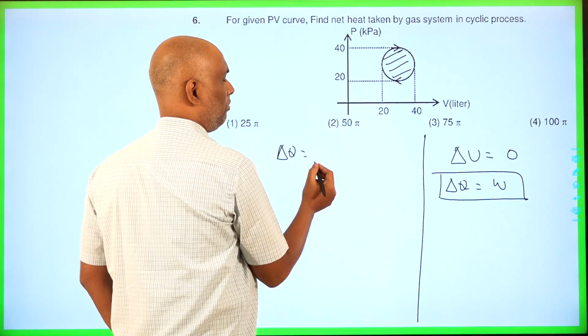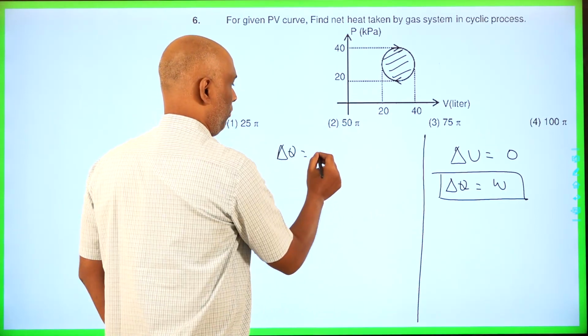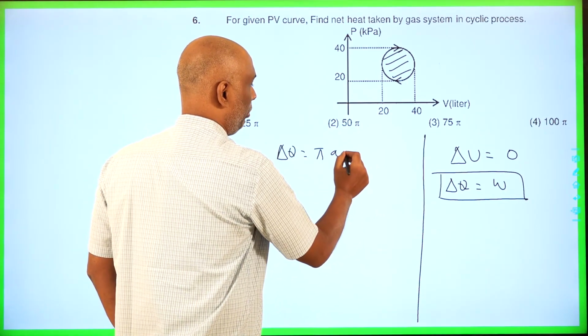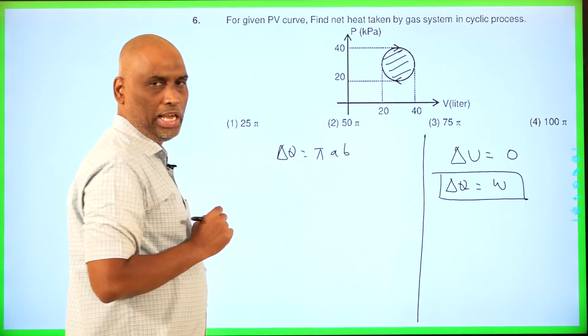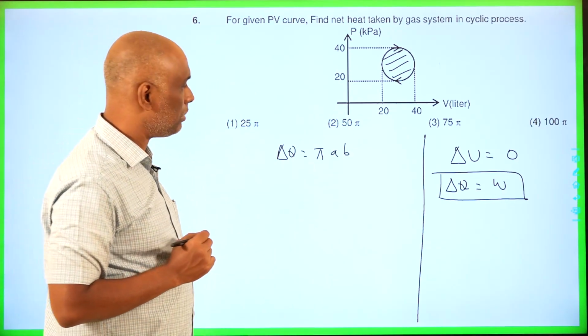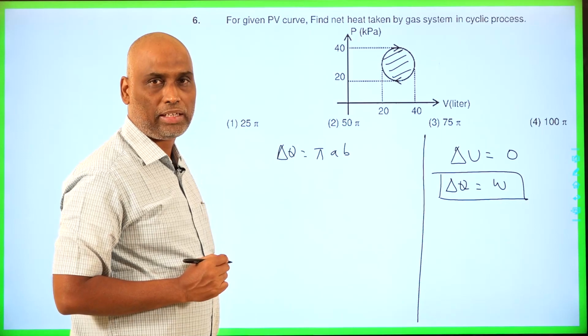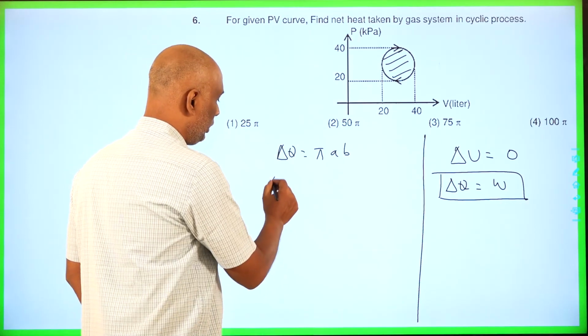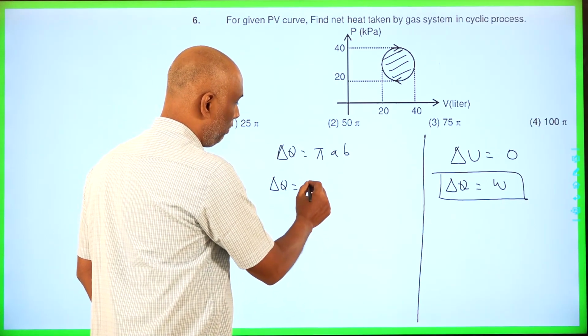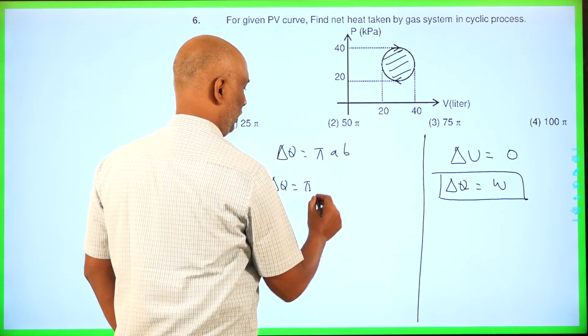If you take this like an ellipse, the area becomes equal to pi into a into b, where a is the length of the semi-major axis and b is the length of the semi-minor axis. So, the change in heat energy will be pi into the length of the semi-major axis.